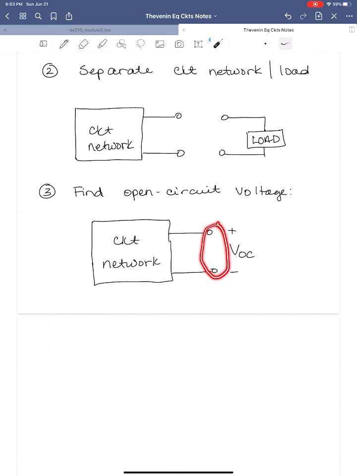across these open terminals. We can find this open circuit voltage using any method that we like.